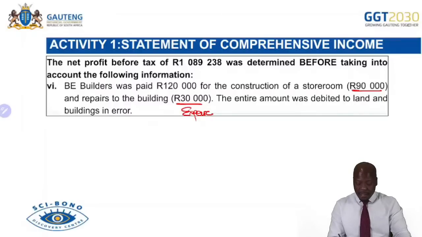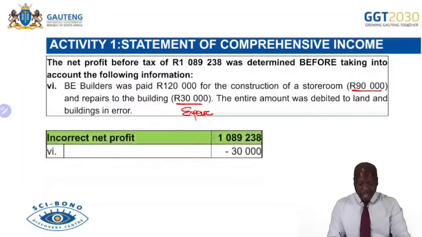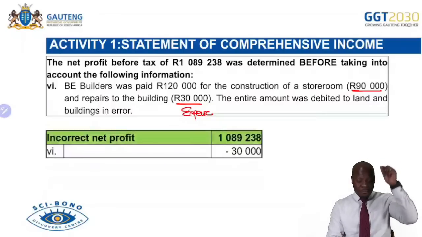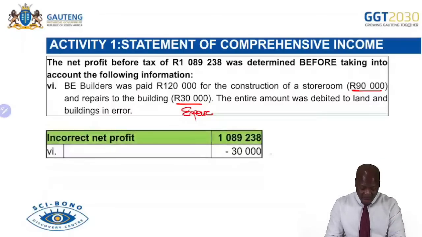So what they're trying to tell us is we have an expense that was not recorded. When an expense is not recorded, our profit is overstated. What do we then do? We say minus 30,000 because an expense was not recorded. Very important. Minus 30,000.